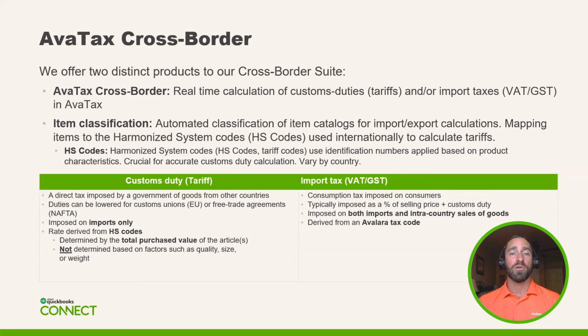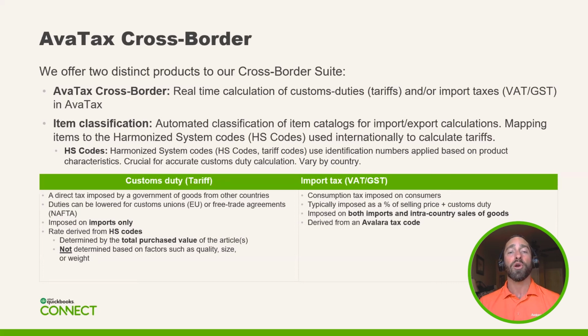And then we can also classify the items. So as a seller, if you're selling direct to consumer, you're selling tangible goods, and you're shipping it out of your country, you're going to have an HS code for all of those individual SKUs or individual products that you're selling.